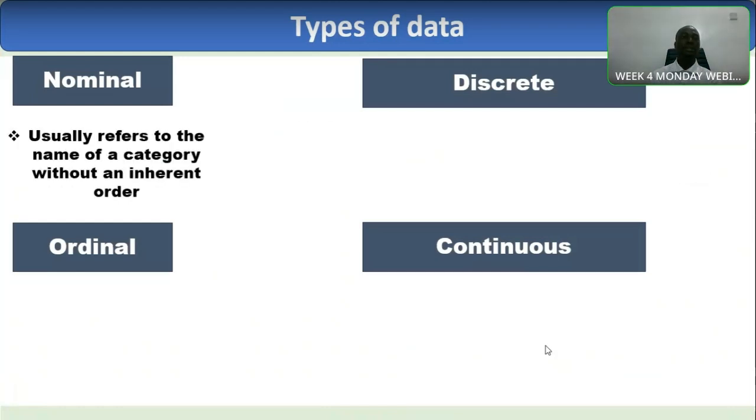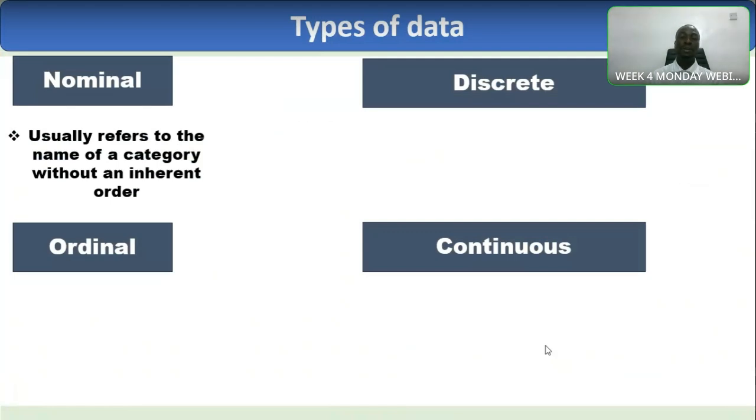Nominal data, or the term nominal, is used to refer to categories without an inherent order. For example, if we say, what is the gender of the students in the class? So we say, okay, male and female. You cannot order those particular components. We can't say that the male gender is of higher rank than the female gender, and we can't say vice versa.